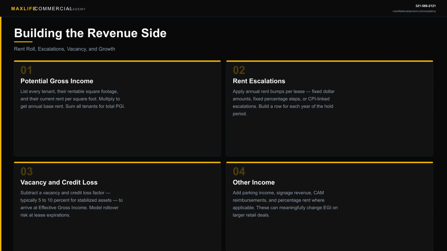For value add or lease-up situations, you might model 15 to 20% in the early years, trending down as the asset stabilizes. Subtract vacancy from PGI to get effective gross income. Then add any other income: parking, signage, NNN reimbursements, and you have a complete revenue projection ready to feed into your expense model.